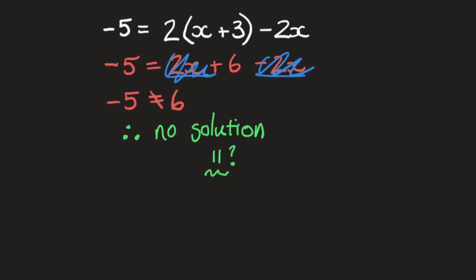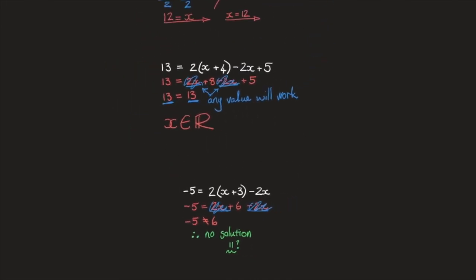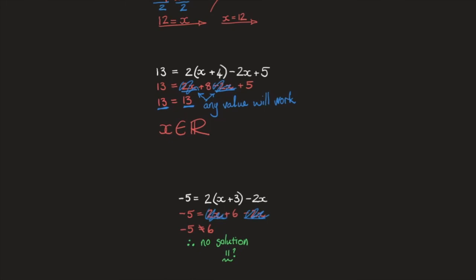So in short, let's see if we can zoom out enough. If we get x is equal to a value, then it's like a normal one, and most of the questions you have, you will get to a spot where x has a value of something. Occasionally you'll come across a question that goes like this, where you have 13 is equal to 13, often it's 0 is equal to 0, something like that.